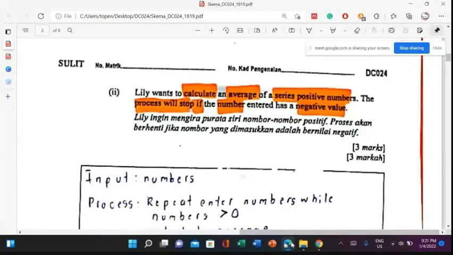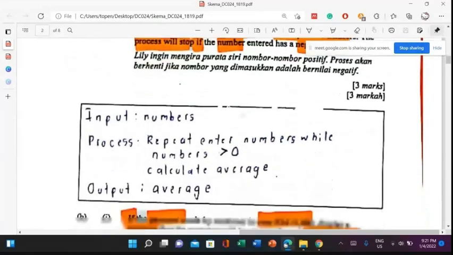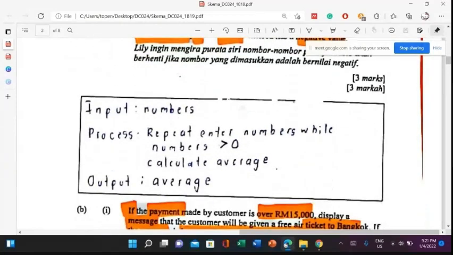So this is the answer. Our input is numbers and our process is repeat, enter numbers while numbers more than 0. As long as the numbers are more than 0, which are positive, it will keep on repeat.